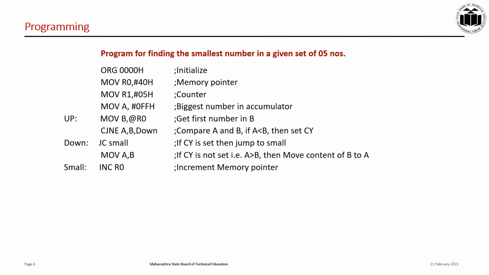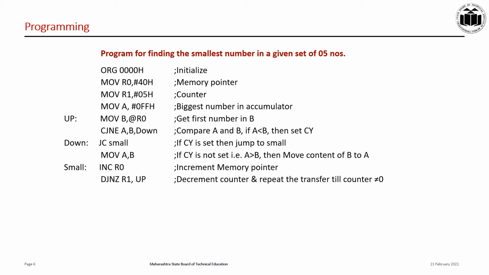Then increment the memory pointer for the next comparison, decrement the counter, and repeat the comparison till the counter is equal to 0. This is done by using the instruction DJNZ R7, up. If the counter is not equal to 0, then it will jump to the label up, and if the counter is 0, it will get out of the loop.